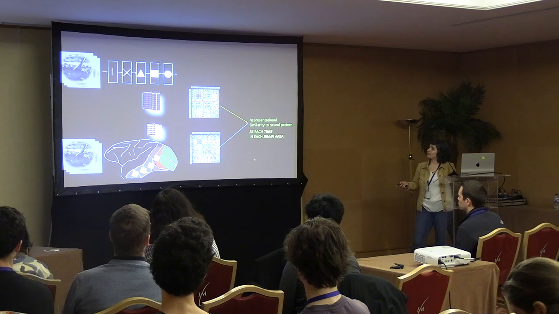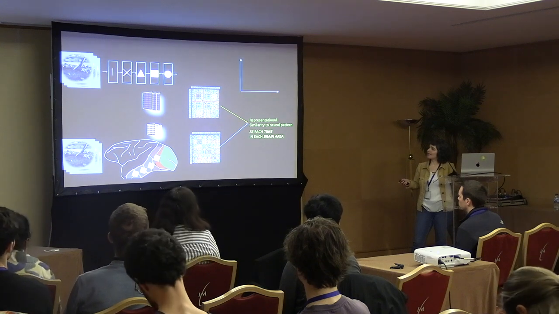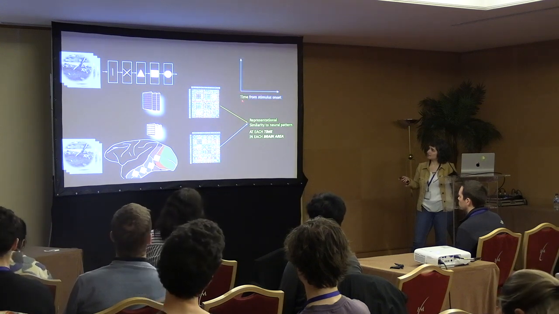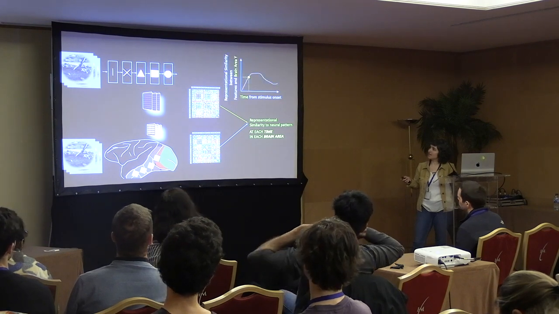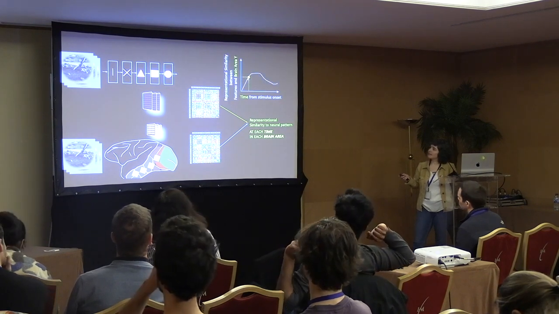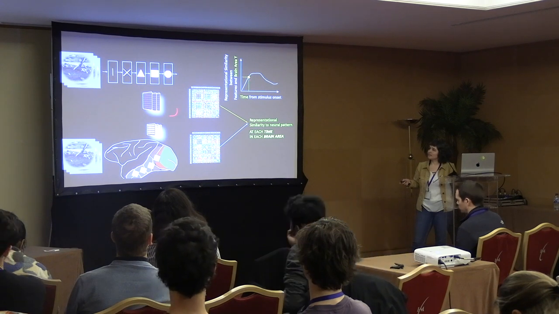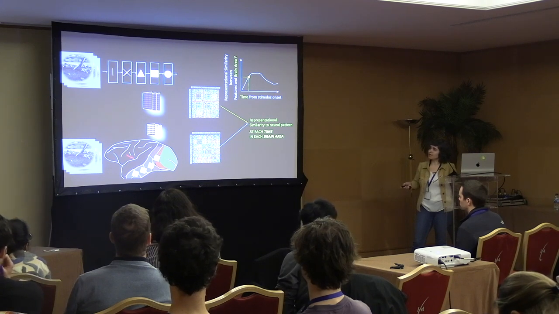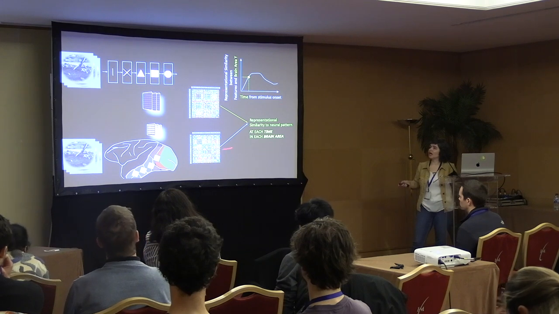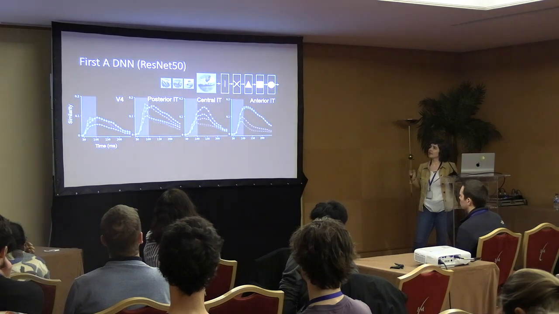And then what we're going to see is that at each time, which is time from stimulus onset, in each brain area, I computed the similarity of that feature space to the features of the neural data in each brain area over time. So the variation only comes from neural data, no time in the model, right?